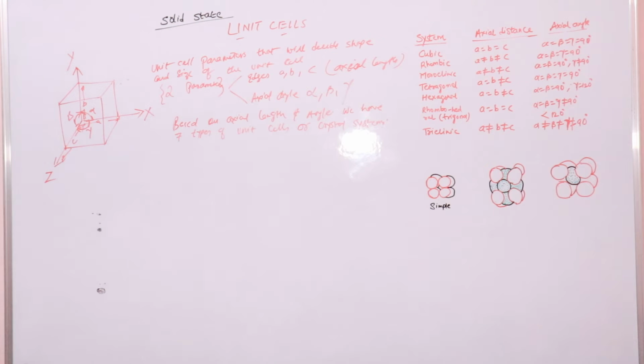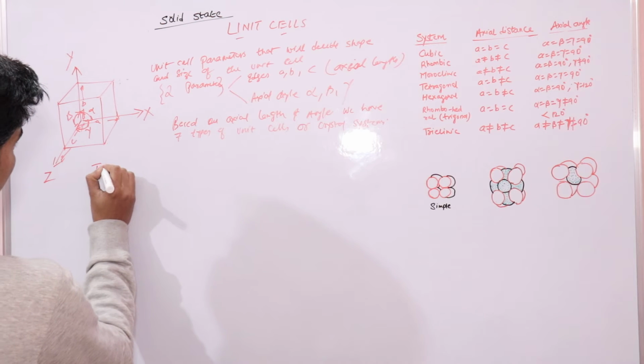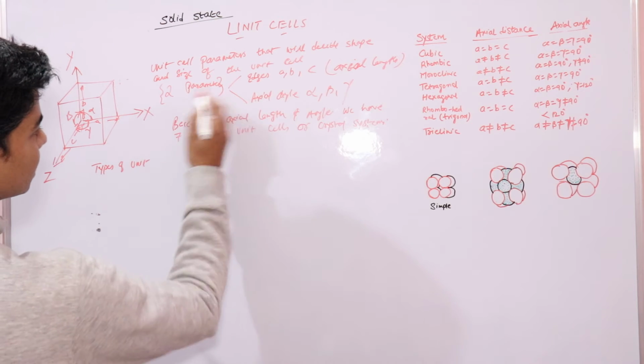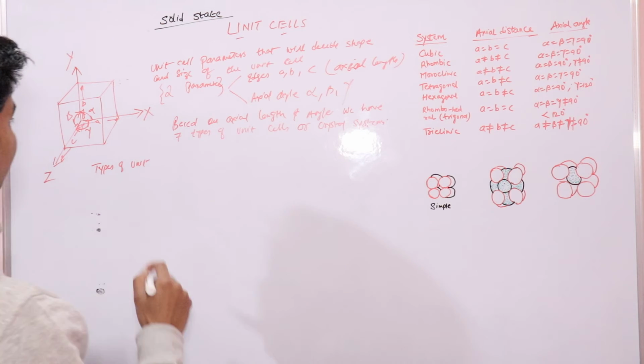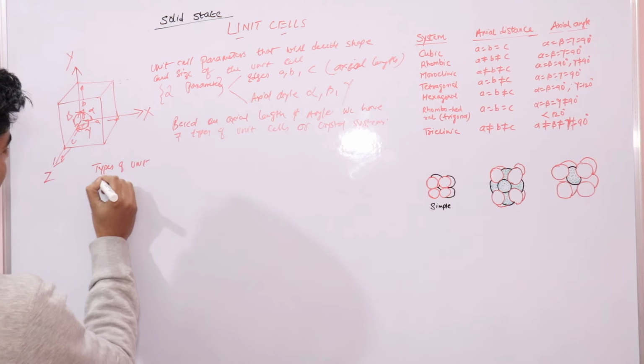Now, after this, we have something known as types of unit cells. Now, this classification is based on the axial length and axial angles.